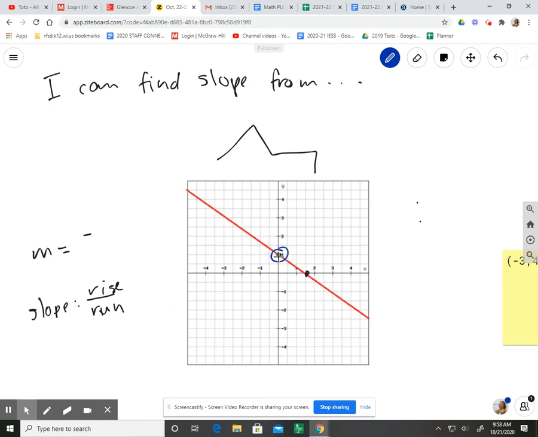Rise is how many we go up or down. So we go down 2 and then over 1, 2, 3. If it's down 2, that means our rise is minus 2, and our run is over 3. So our slope is negative 2 over 3, negative 2/3. That's how you find slope from a graph.